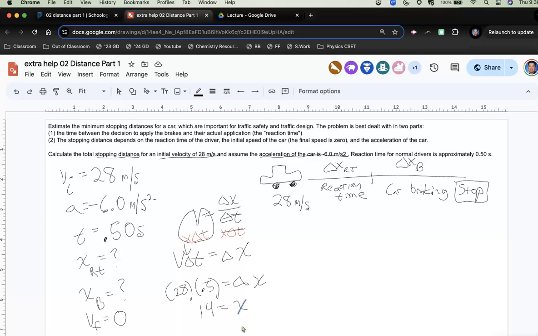We did not use this acceleration. Because the acceleration, here's a new concept, can be speeding up or slowing down. Okay, write that down. Acceleration means speed up or slow down.